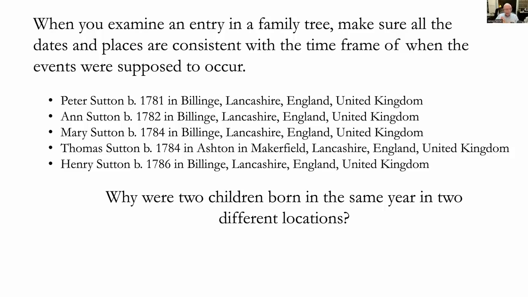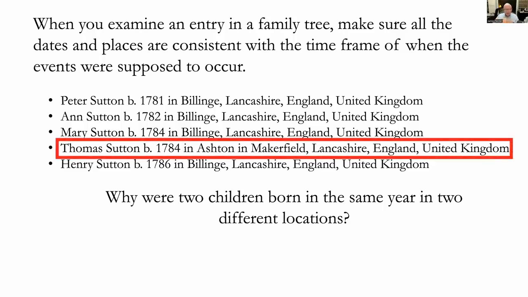When you ask that question, you have to get into the historical context, which is the time frame and the actual location of these places. So we take that one and say, well, that's probably the one that's out of place, because all the other children come from the same place.